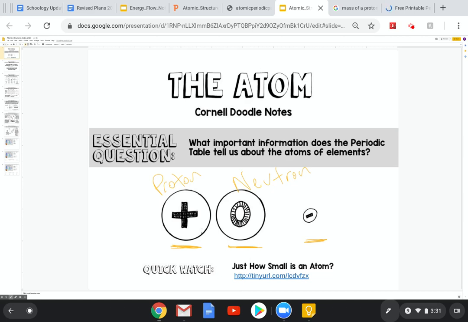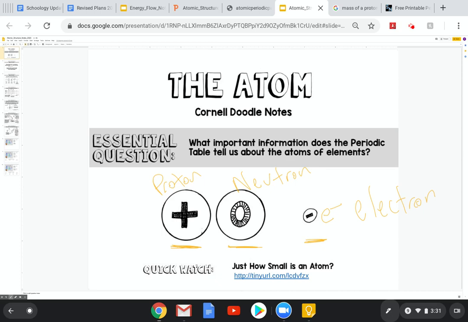And then we have an almost massless or super, super small and fast moving particle within every single atom. Well, actually, sometimes they lack electrons, but this would be, I wrote a little negative above the E because it is a negative particle, but we call this our electron. So this is just kind of a general overview before we hop into our notes here.